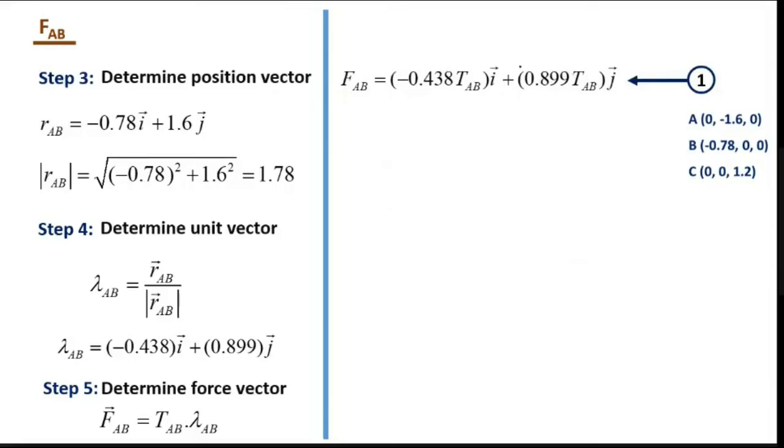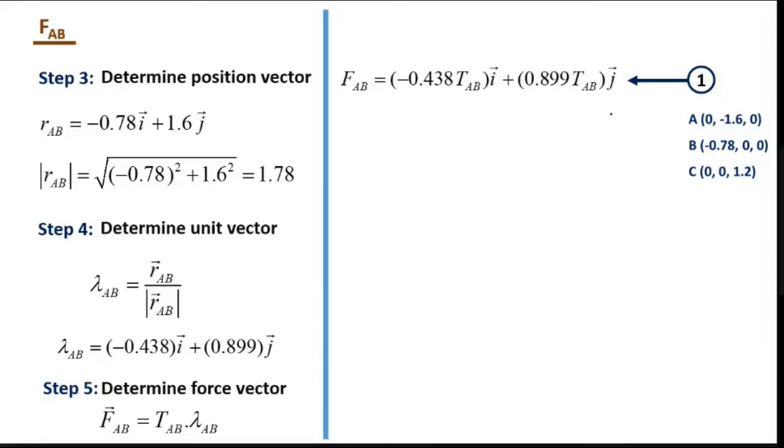I will write it as T, to avoid confusion. So TAB into lambda AB: multiply with this, and we get minus 0.438 TAB i vector, and so on. This is my equation 1, my first equation.